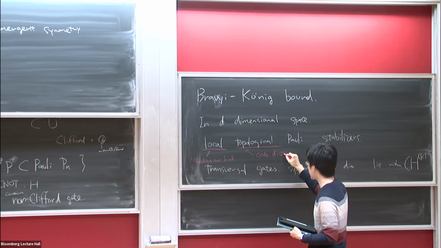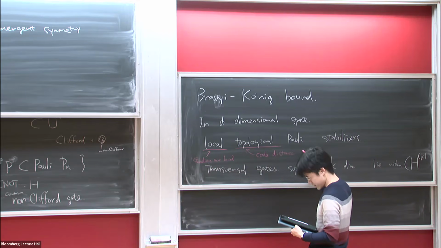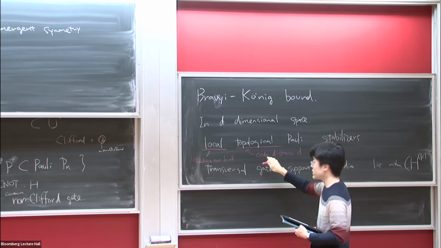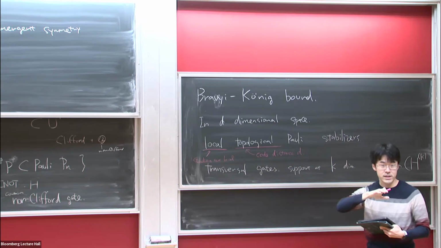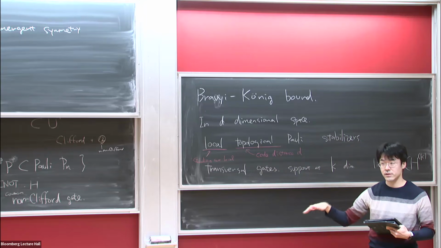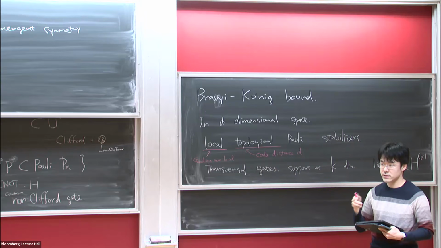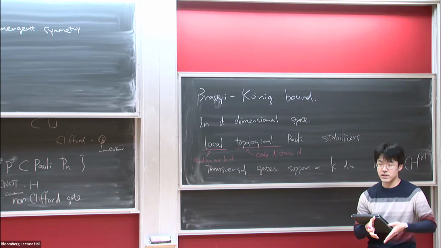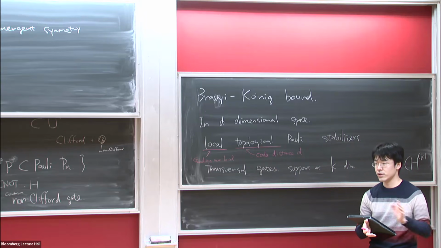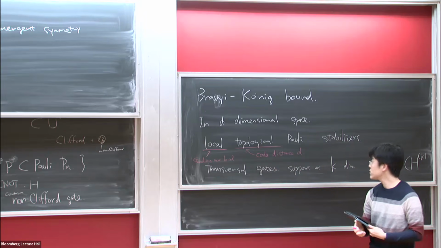So basically it says that the co-distance D, the co-distance, is basically the size of the shortest logical operator which acts nontrivially on the code. So this is the smallest symmetry operator which acts nontrivially on the space.